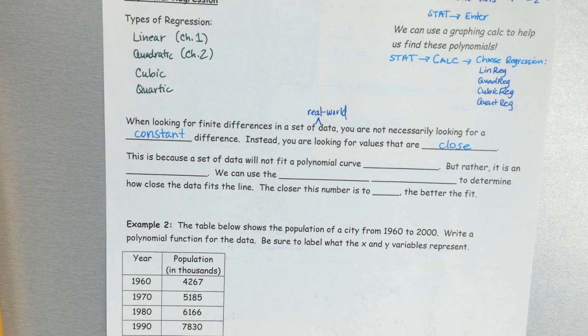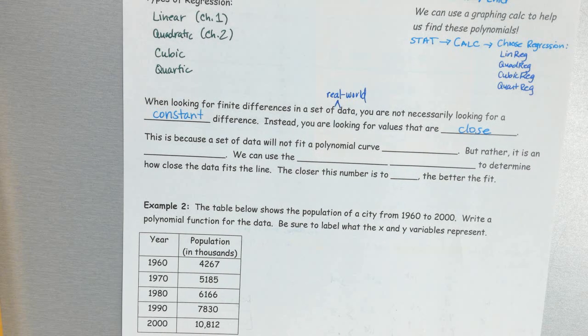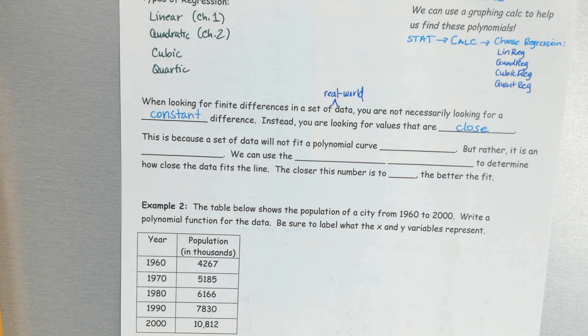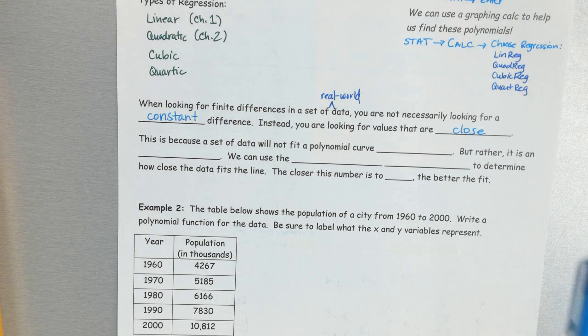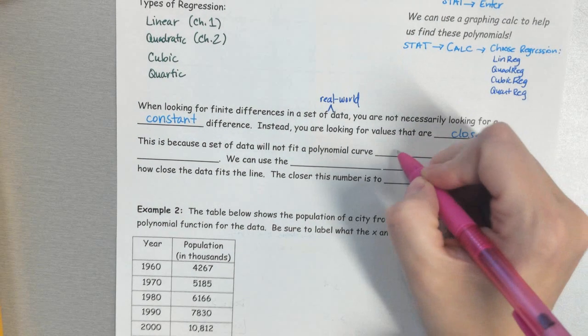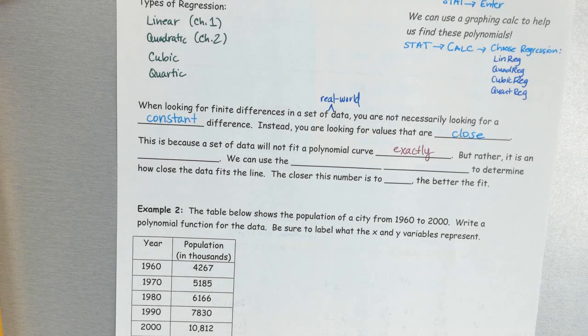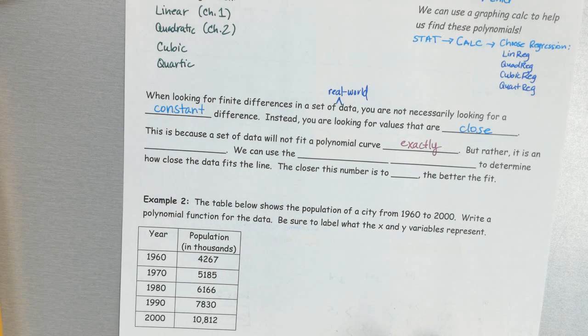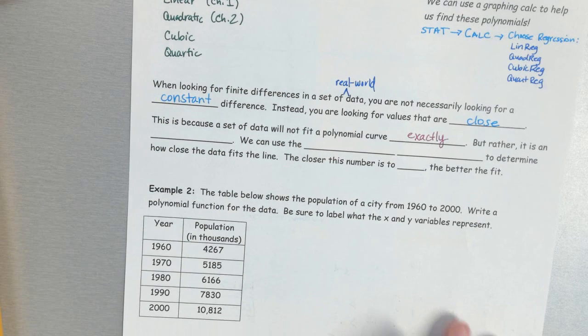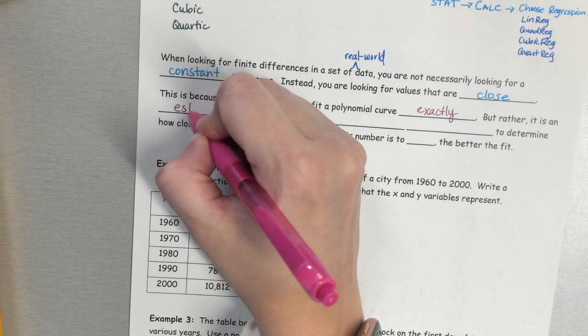And sometimes that might not be easy to do, so we're going to talk about some strategies. This is because your set of data is not going to fit a curve exactly. We don't necessarily live in a math textbook world where everything's nice and even and beautiful. We have to gather the data, and then sometimes we have numbers that are close but not exact. So this is more of an estimate.